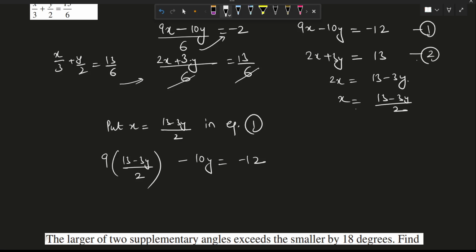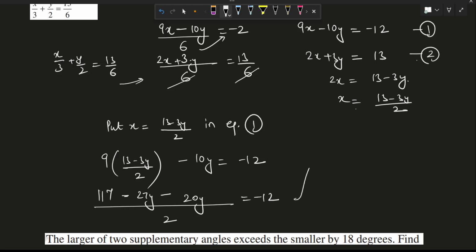So let's simplify it. It's 9 into 13. 13 nines are 117. 9 threes are 27y minus, can I take LCM also together? This 2 is not cancelling, but I can take LCM. So it will be 20y is minus 12.